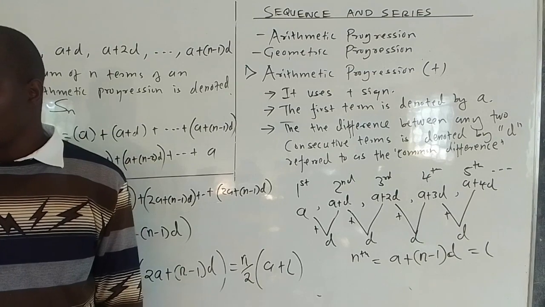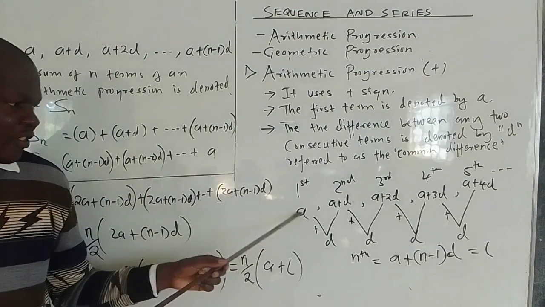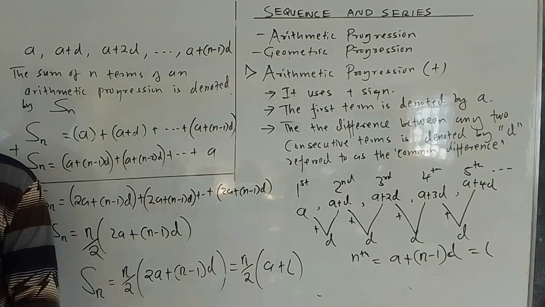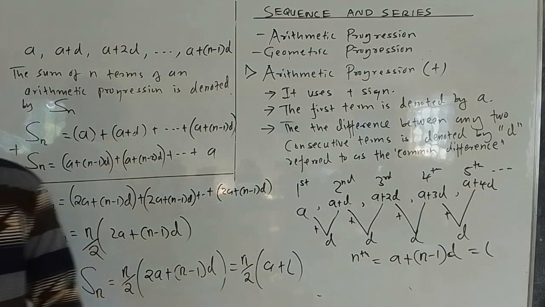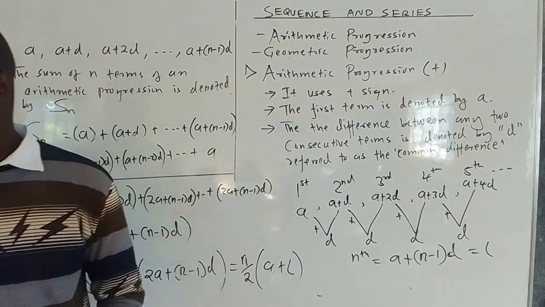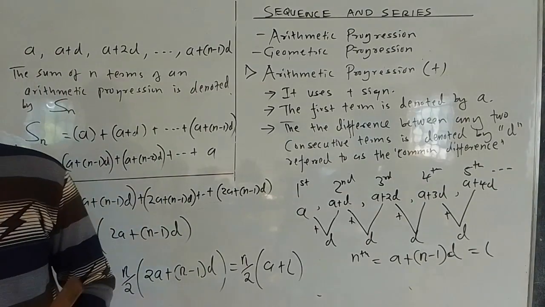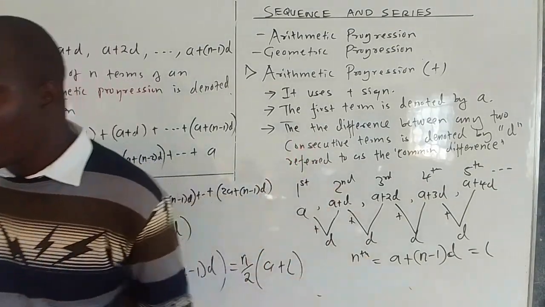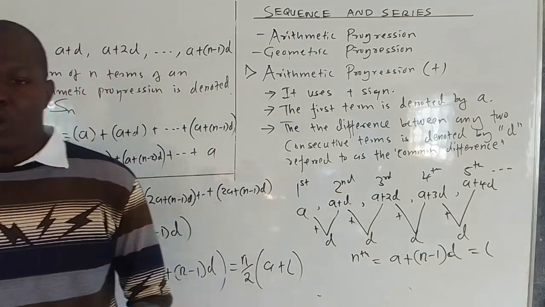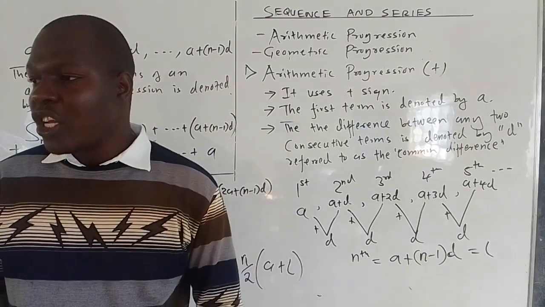It's the last term. So it means when you know all this in arithmetic progression, then you can handle any problem which involves an arithmetic progression. In arithmetic progression, you should know it is specifically using the addition sign. You should know the first term is denoted by a. You should know the common difference between any two consecutive terms is denoted by d. And you should know the nth term is given by the first term plus n minus 1 into d, isn't it?